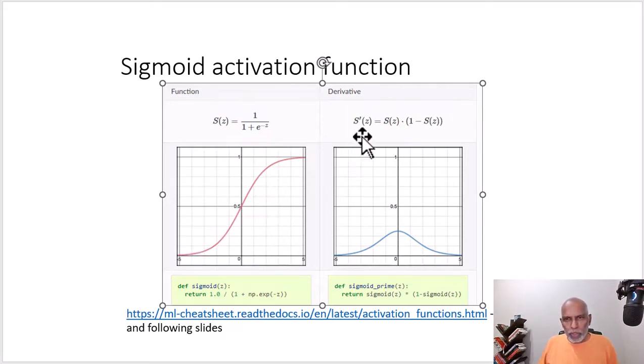And I want to get your attention on the derivative also. Remember, the derivative is the one that tells you in which direction you have to distribute the errors to the weights. In other words, you have to distribute the errors in such a way that the weights are influenced in the back propagation step, so that the errors are reduced in the following feed forward step.